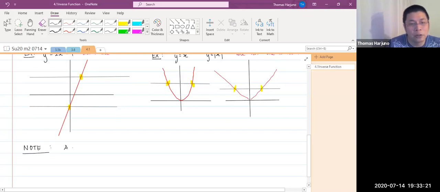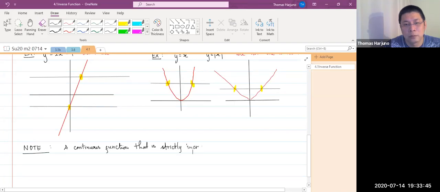A continuous function that is strictly increasing, like that 2x - 1, or strictly decreasing, must be one-to-one.